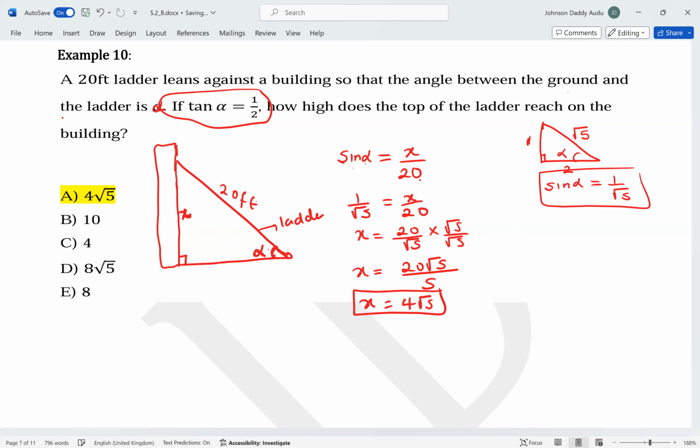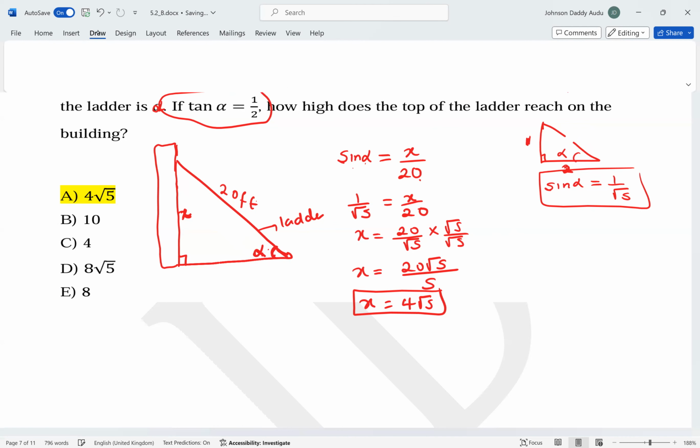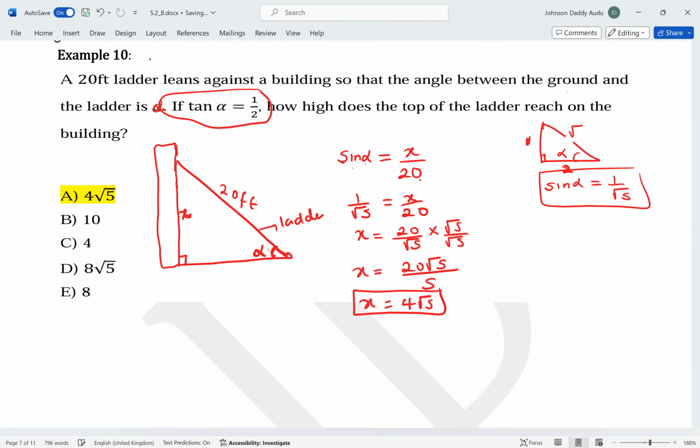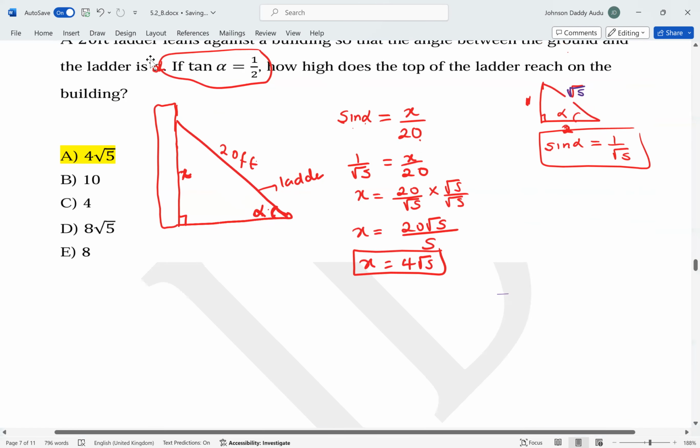So if tan alpha means opposite over adjacent, you can use Pythagoras theorem to find root of 5. So we got this root of 5 based on Pythagoras theorem, right? Okay. Then you can find sine alpha. Then bring that sine alpha back and you will have this one.